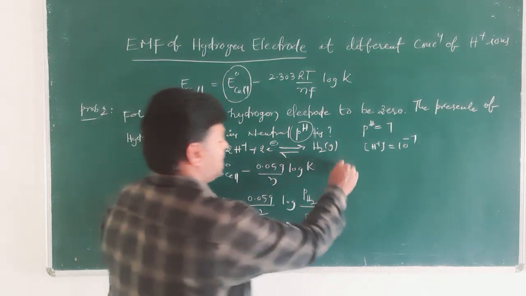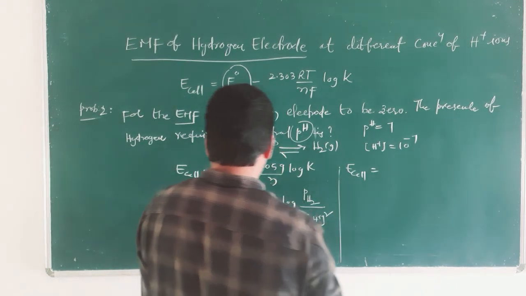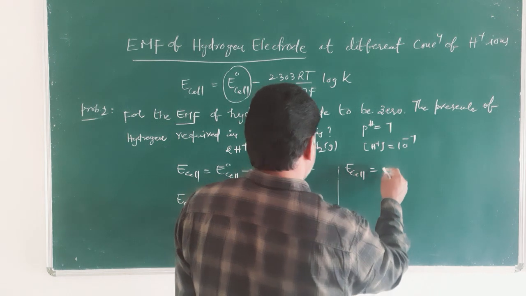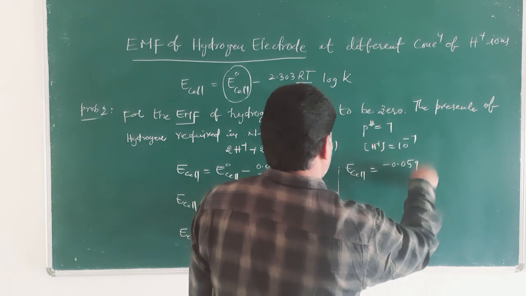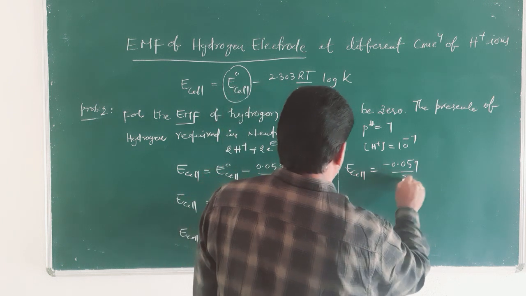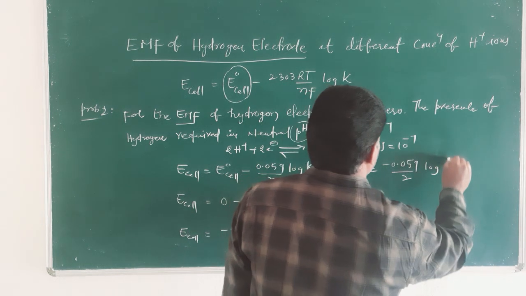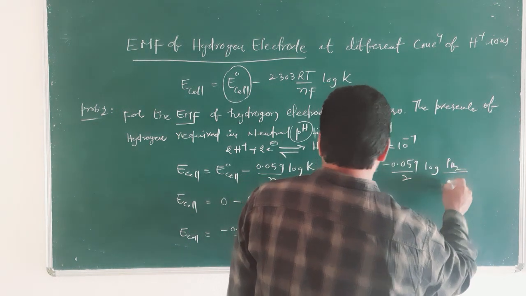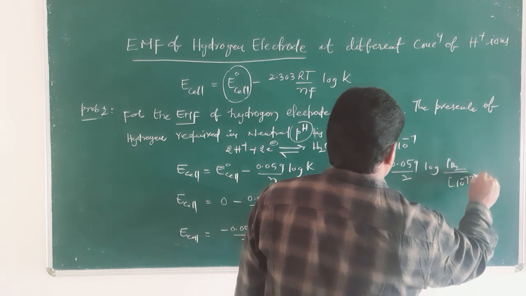Now this equation is E cell is equal to minus 0.059 by 2 log pH2, the partial pressure of H2, by the concentration of 10 power minus 7 squared.